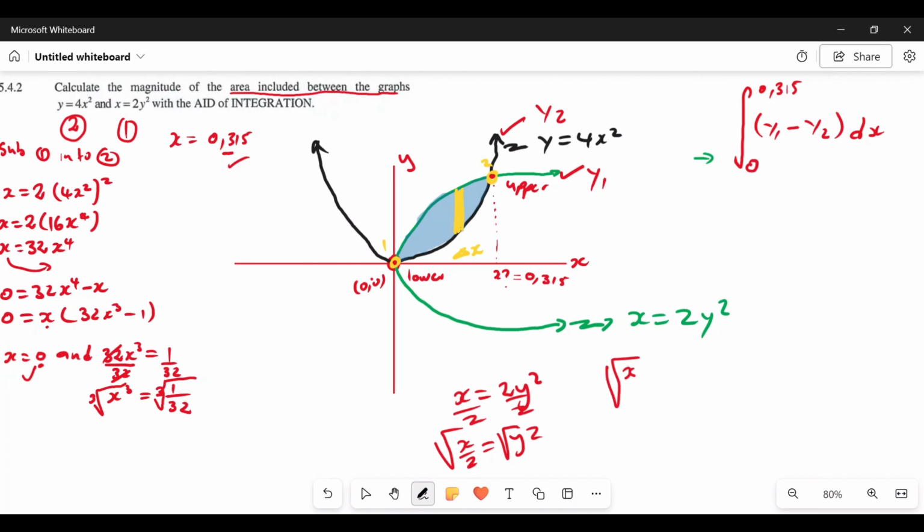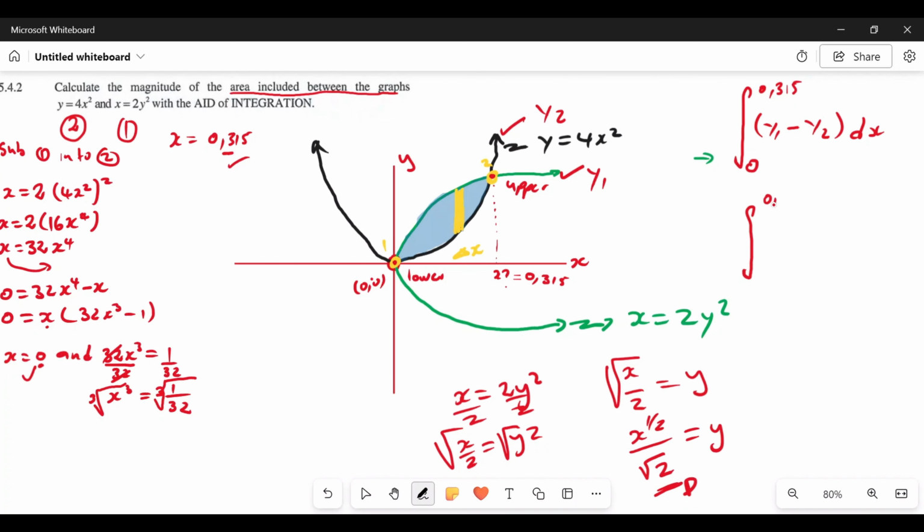The square root of x over 2 is equal to y. You can rewrite it as x to the power of half over the square root of 2, all equal to y. So instead of substituting the original equation, we have to substitute this one because we are integrating with respect to x.